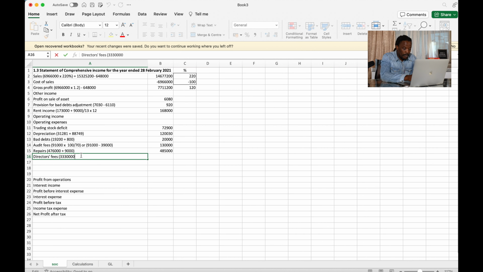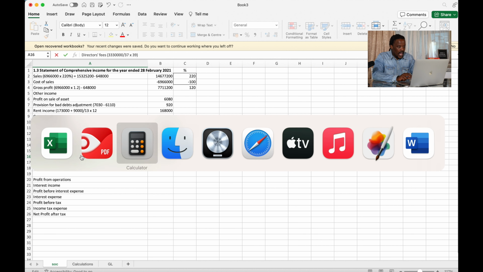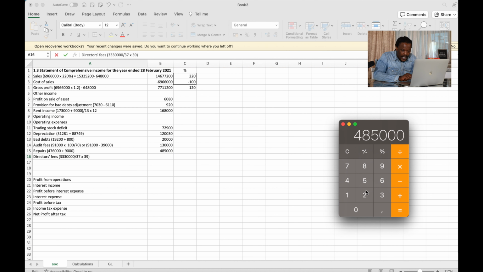This amount represents 37 months. Divide by 37. Instead of 39 months, because we owe him 2 months and that accrued expense must be part. Divide by 37, hence it must represent 12 months.